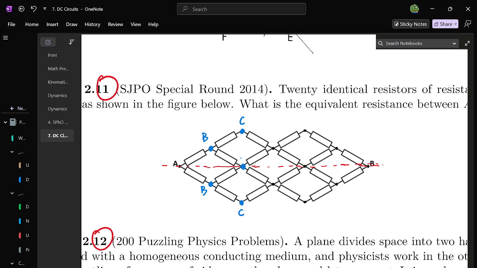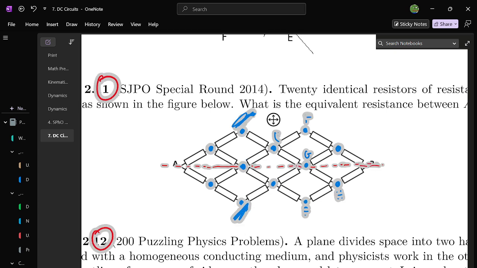So let's just label all the points for completeness. These 2 points will be E, the same point because they're equipotential. These 2 points are F. This is G. Oh wait, no, let's not use B. Okay, let me just relabel everything, but you get the point, I hope.